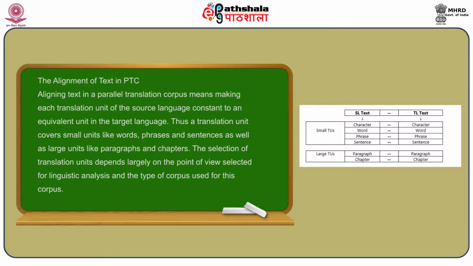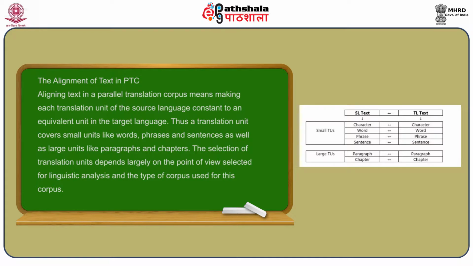Aligning texts in a parallel translation corpus means making each translation unit of the source language correspond to an equivalent unit in the target language. Thus, a translation unit covers small units like words, phrases, and sentences, as well as large units like paragraphs and chapters.